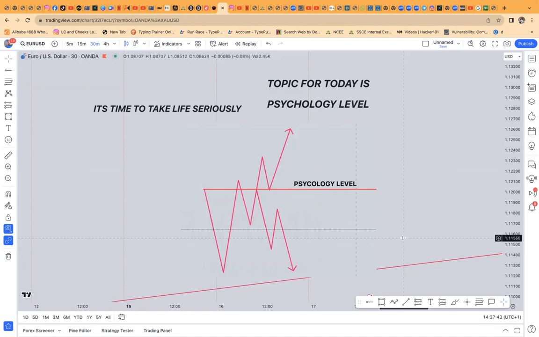There is liquidity on psychology levels because those are the points where we see greed, where we see people with their fear. Should I enter? Should I not enter? And all of that. Those are the levels. So this markup shows a good example of our psychology level.